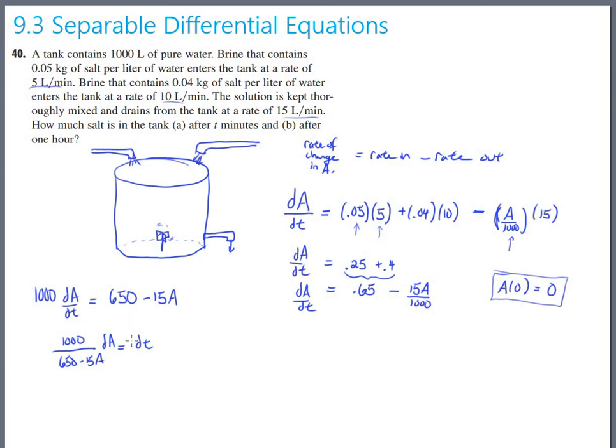Okay, technically there's still a 1,000 on this side, I guess, when I divided both sides by 650 minus 15A. But okay, I am separated. Can I simplify that fraction at all?